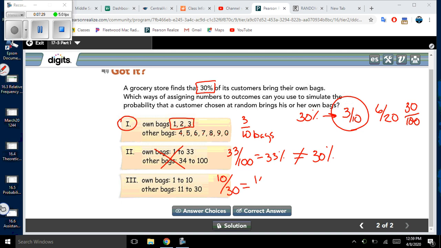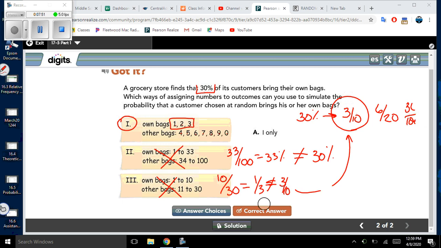That would simplify to 1 over 3. 1 over 3 does not equal the 3 over 10 that we were looking for from here. All right, so this one also will not work. That means your answer should be just problem number 1. And you can see right here that that's exactly what pops up.